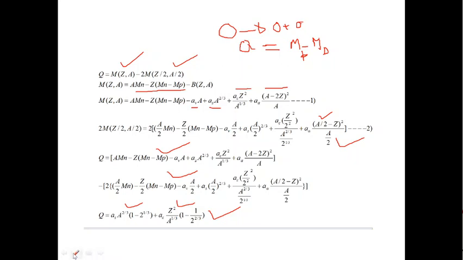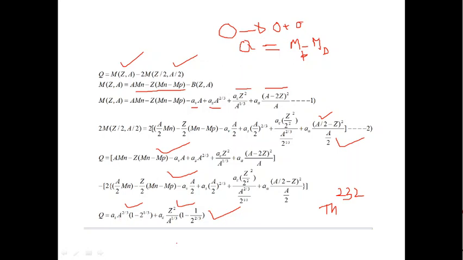Now, if I ask you how much energy is released if thorium 232 is to undergo fission, then instead of A here, you have to put 232.